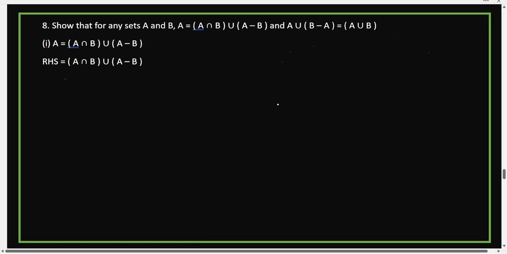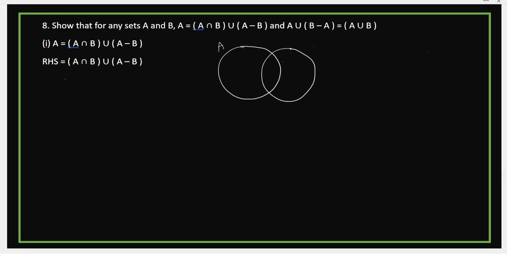Before proceeding to the next question, I wanted to prove this also with a Venn diagram, so that you will appreciate the Venn diagram approach also. For that, we'll take two sets. This is A, this is B, and A intersection B is this. What is this?